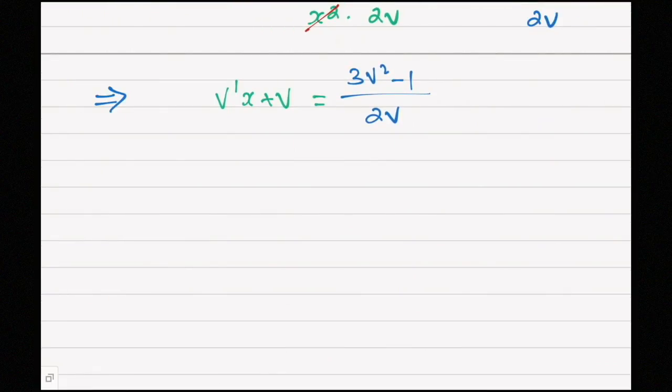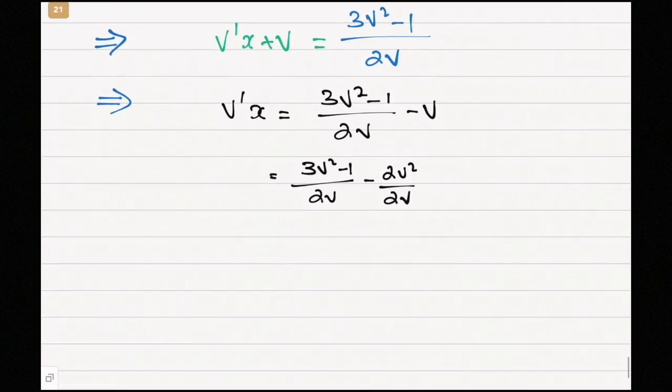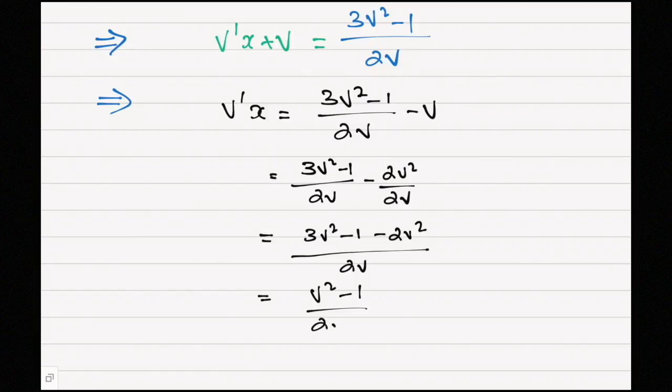If I simplify this further, you agree that I can write this as v prime x equals 3v squared minus 1 divided by 2v, minus v, which simplifies into 3v squared minus 1 divided by 2v minus 2v squared over 2v, which can be written as 3v squared minus 1 minus 2v squared divided by 2v, which is equal to v squared minus 1 divided by 2v.